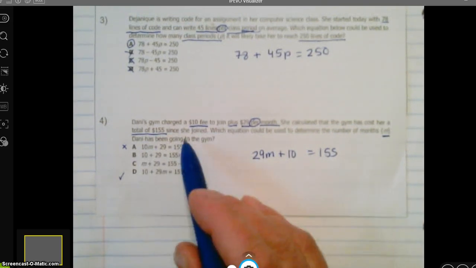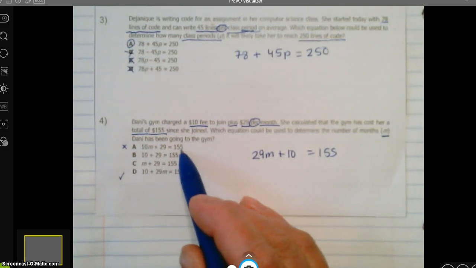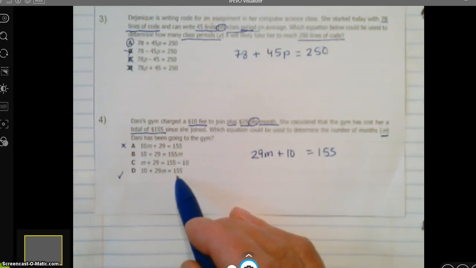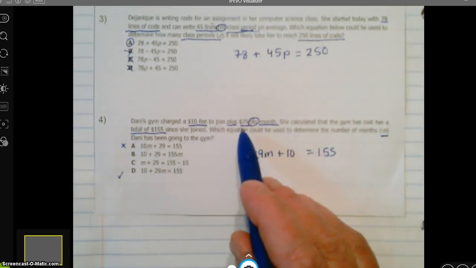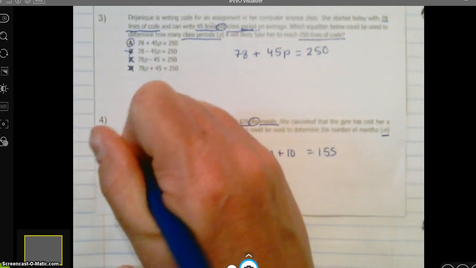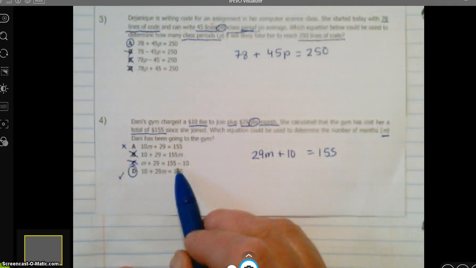If I was looking at these initially, this one could have been right because it had 155 at the end, but otherwise this one. But I do know that M should not go next to 155, that M is going to go next to 29. So this is the right answer, because the M shouldn't go here, and the M should go next to the 10.